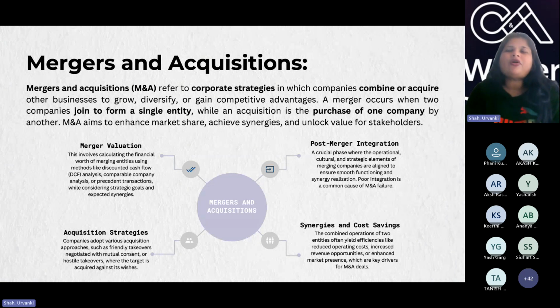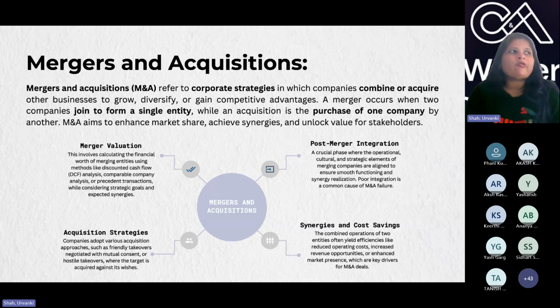Because you are going to merge your customers, your operations, your businesses in a way where it looks like one. It's not an easy affair. Your company books get rewritten, your balance sheet looks different, right?